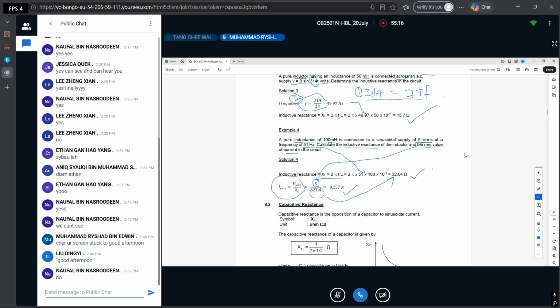Sure. Don't need to use the sine. No need. As of now, no need, because we are based on what they give us, so we substitute the values only. Good question.